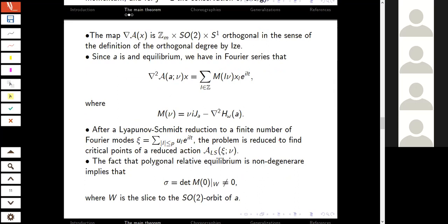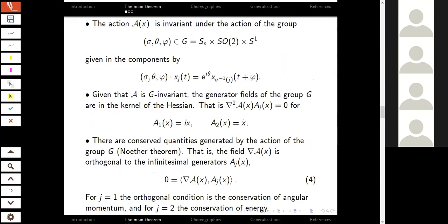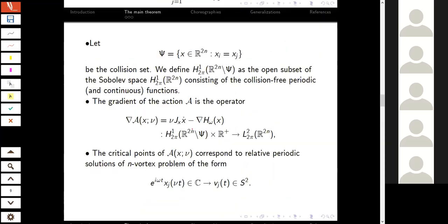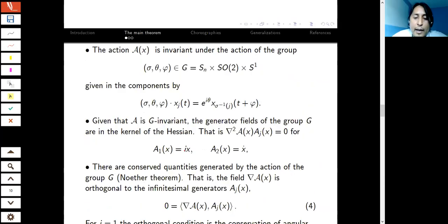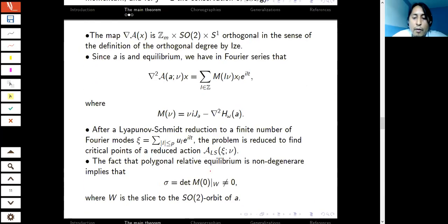The complement is going to be solved by the implicit function theorem, the global implicit function theorem, in terms of the components of the projected part, such that critical points of A in this big space, zeros of this map in this big space, are going to be critical points of a functional of finite dimension. Finite dimension because zeta is the projection on the Fourier components, and zeta is going to be finite, right?